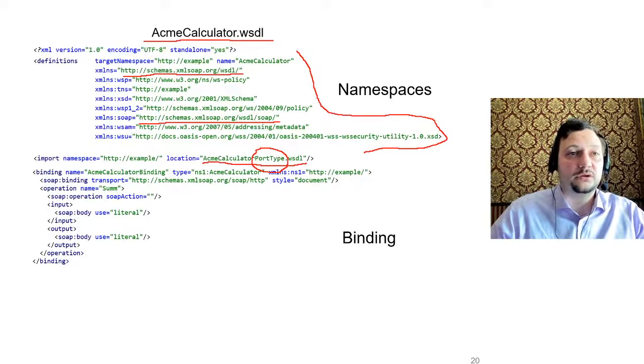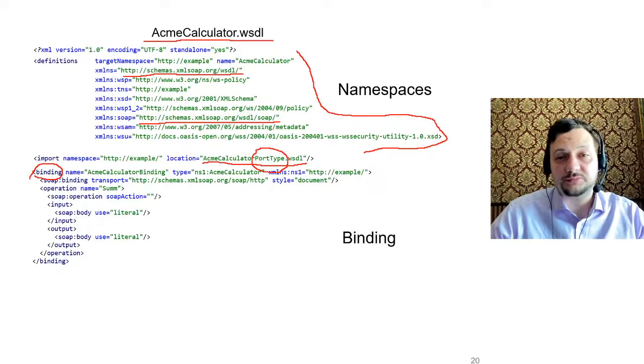Okay, the first element of the WSDL document is binding. The binding element describes how our server would be accessed, what the main transport protocols would be used to access our web service.